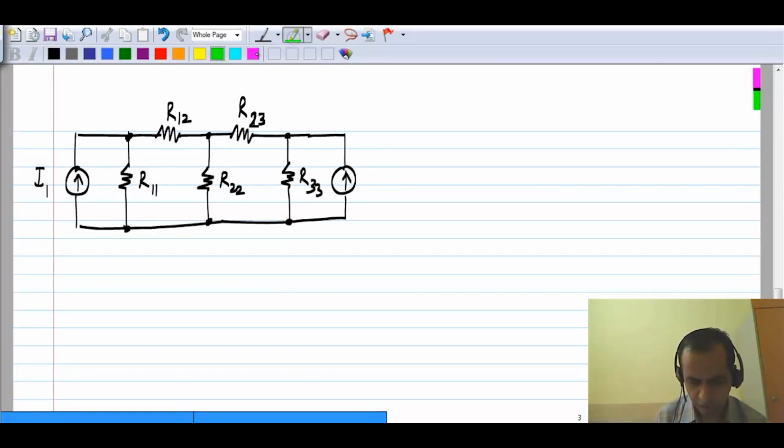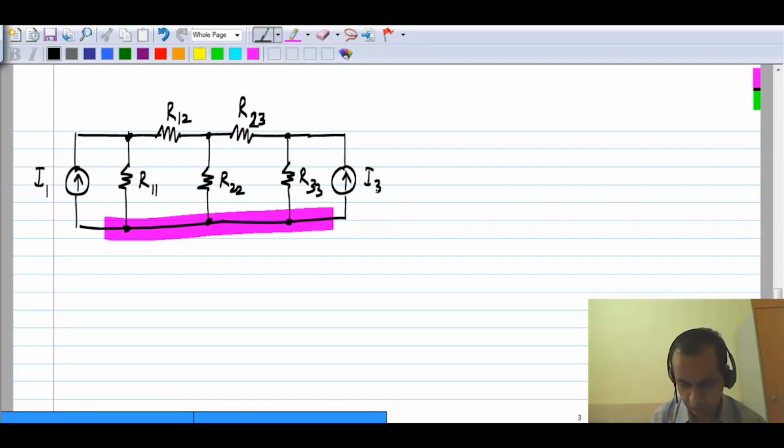And this of course is the reference node, and this is I3. By now it must be clear why I chose the subscripts the way I did. R11 is basically the resistance connected to node 1 and the reference node. R12 is between node 1 and 2, R23 is between nodes 2 and 3, and similarly R22 is from node 2 to ground, and R33 is from node 3 to ground, and so on.